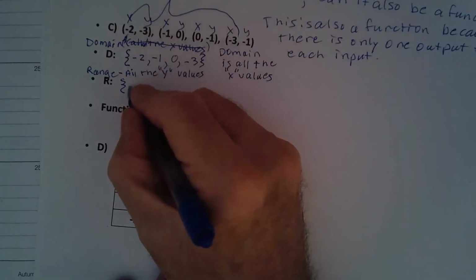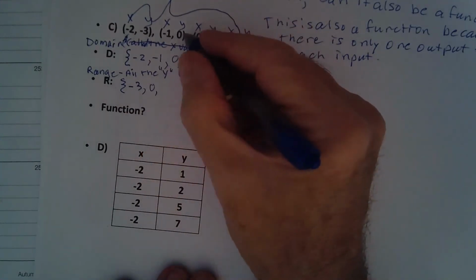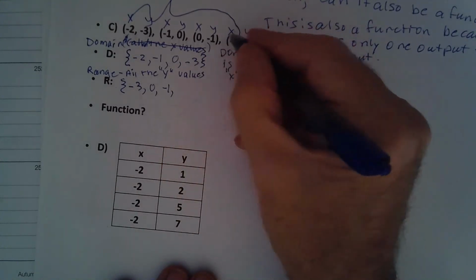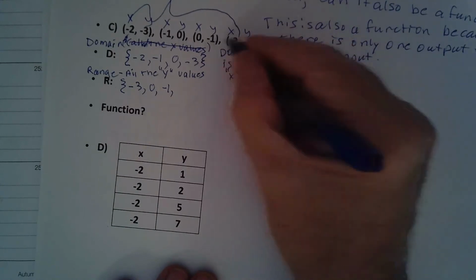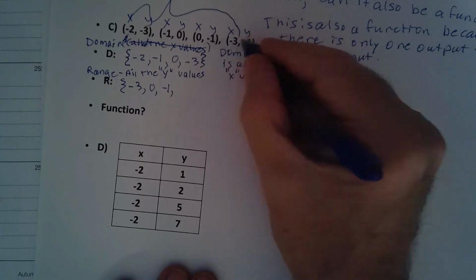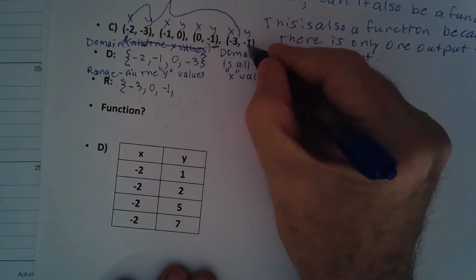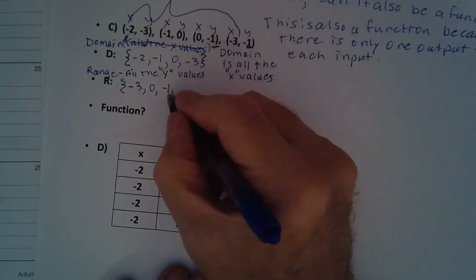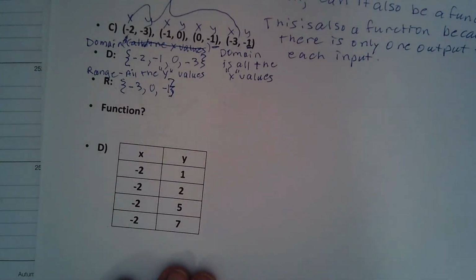parentheses, so -3, comma, then I have 0, comma, then I have -1, comma, and then I have, oh, I've got -1 again. So now whenever you get two domain values or two Y values that are the same, like here and here, these are two Y values that are the same, so it's two range values, you only show it once. So you close your parentheses like this.